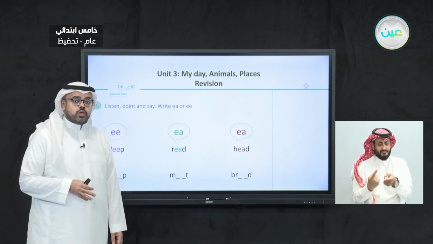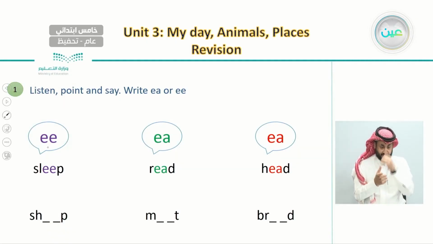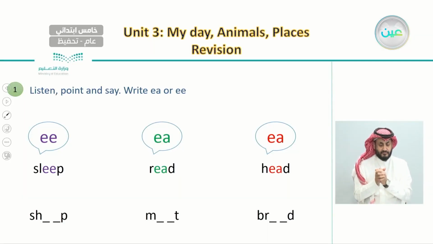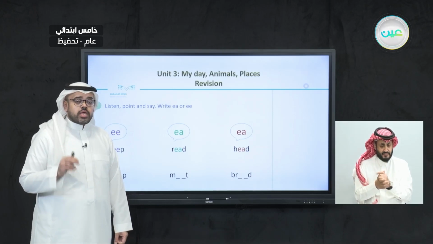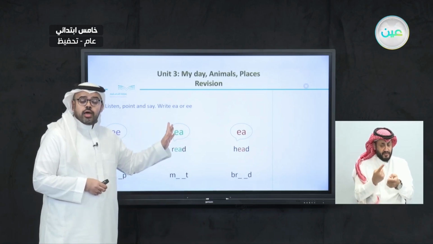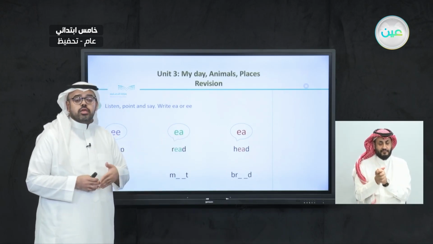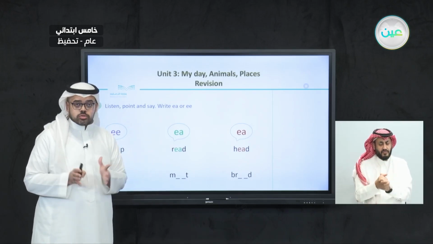The first sound starts with EE, the second sound starts with EA, and the other sound also starts with EA. But we said that in these 2 EA sounds, the first one has the longer version, and the second one has the shorter one.